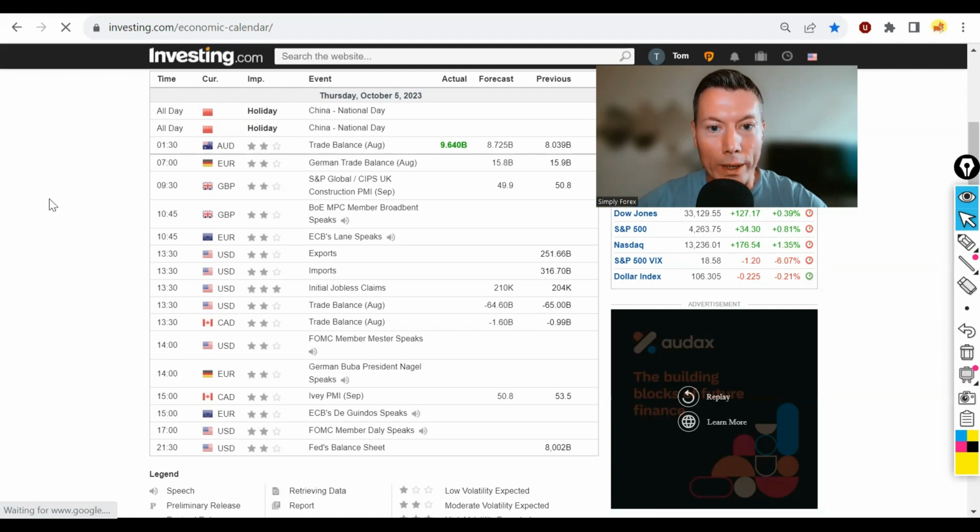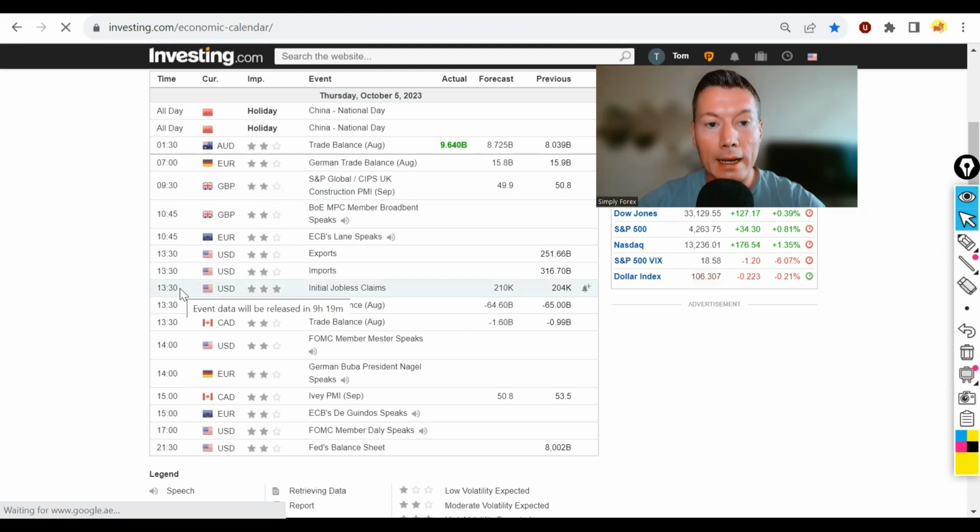Okay, so news that we're looking for today is this. The first piece of news that we're interested in is at 9:30 London GMT, we've got construction PMI data. So I think this could be a big one for the pound and could move any pound pairs, guys. So must be aware of this. If we carry on down, the next piece of important news is at 1:30 London GMT.